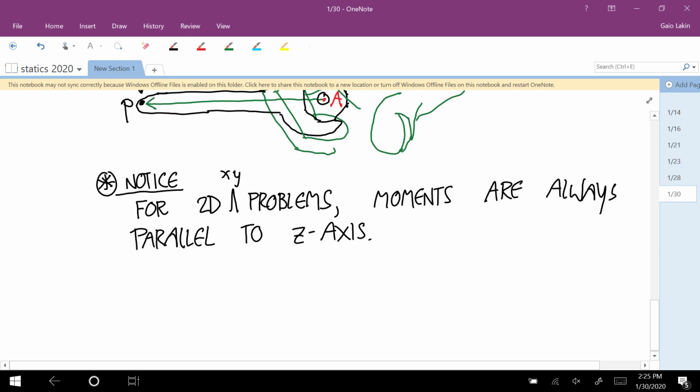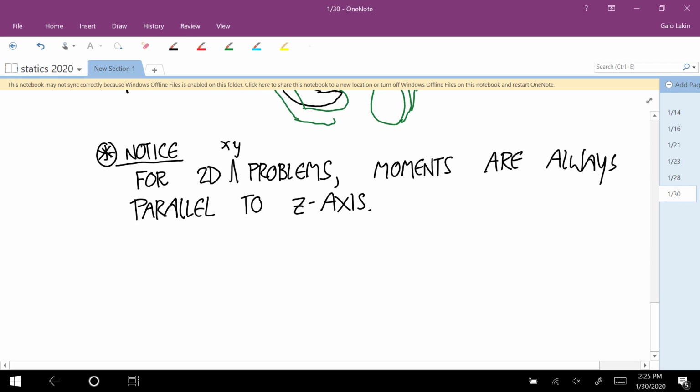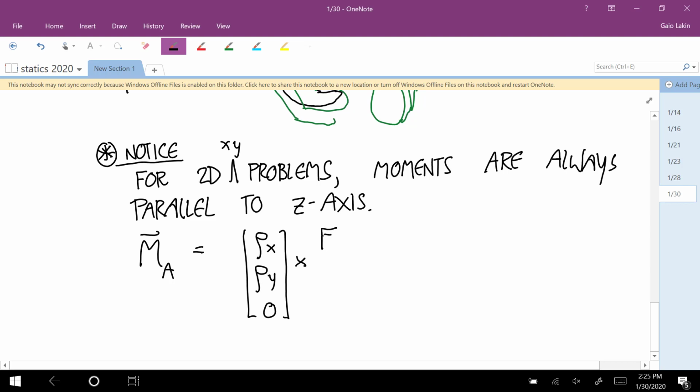Okay, why is that? Well, let's say we have a moment that we're calculating with a rho vector of rho x, rho y, 0. Okay, so that's a vector that's in the xy plane. And we're crossing that with a force vector that's also in the xy plane.